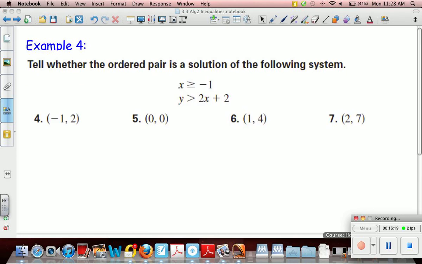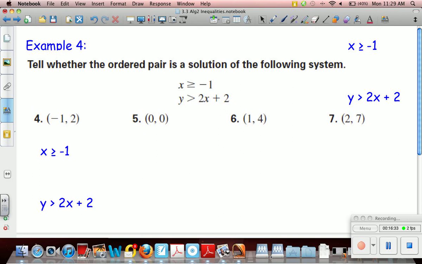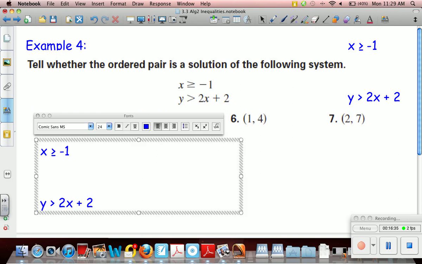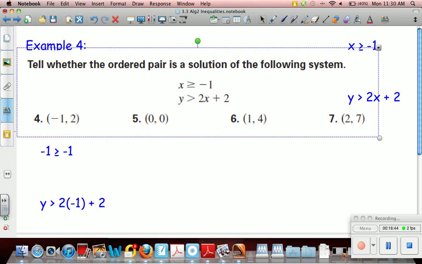So the last part here is you want to substitute it into the system and determine whether or not these are solutions or possible solutions. So what I'm going to do is take those two equations and I'm going to substitute in the x with -1 and the y with the other coordinate, which is 2.